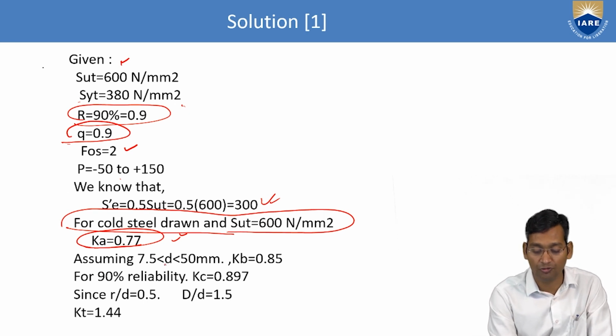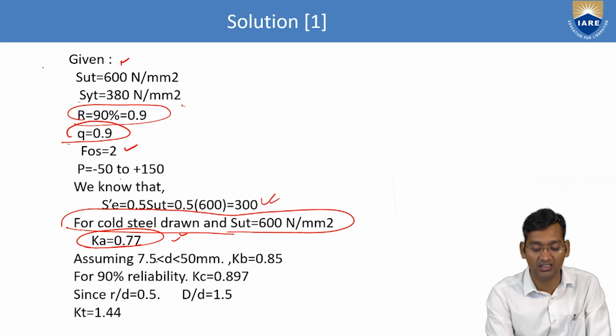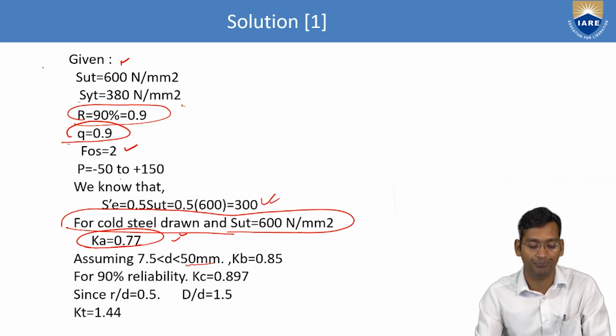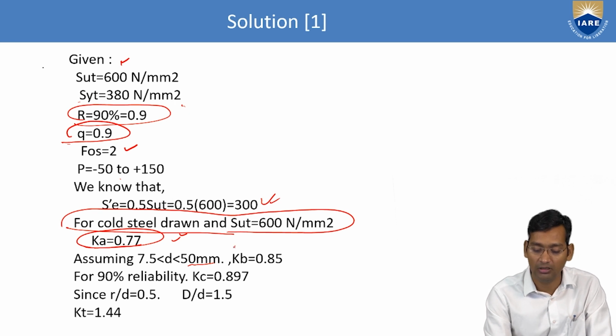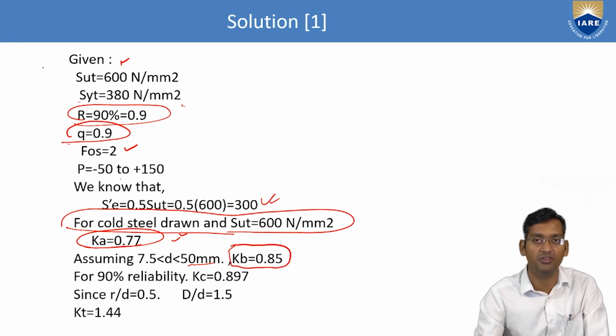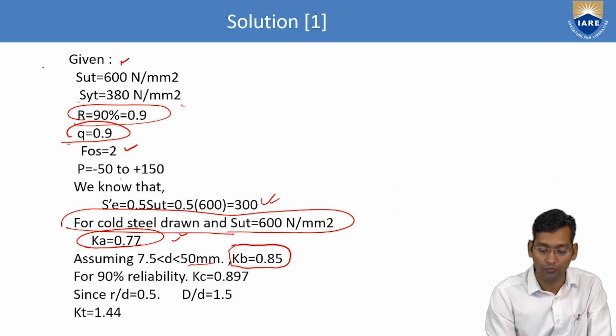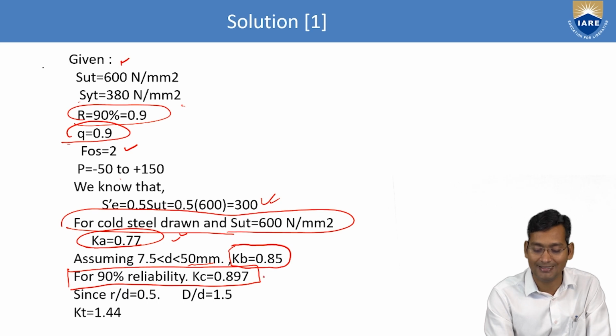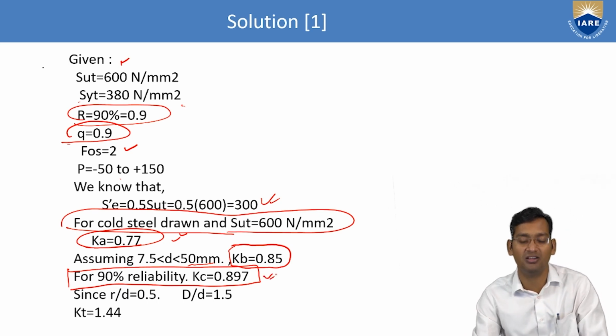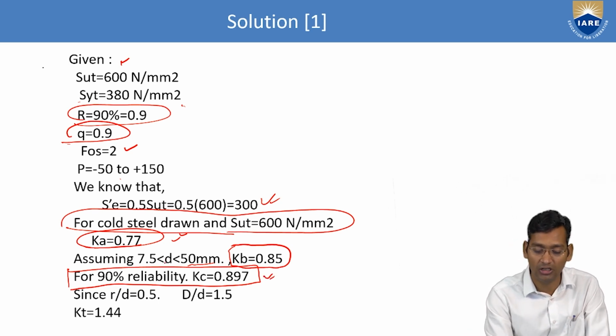Assuming the diameter is greater than 7.5 and smaller than 50 mm, at that time Kb will be 0.85. Again, this will be from the chart or table. For 90% reliability, again from the table, Kc equals 0.897. So now we have Ka, Kb, Kc.